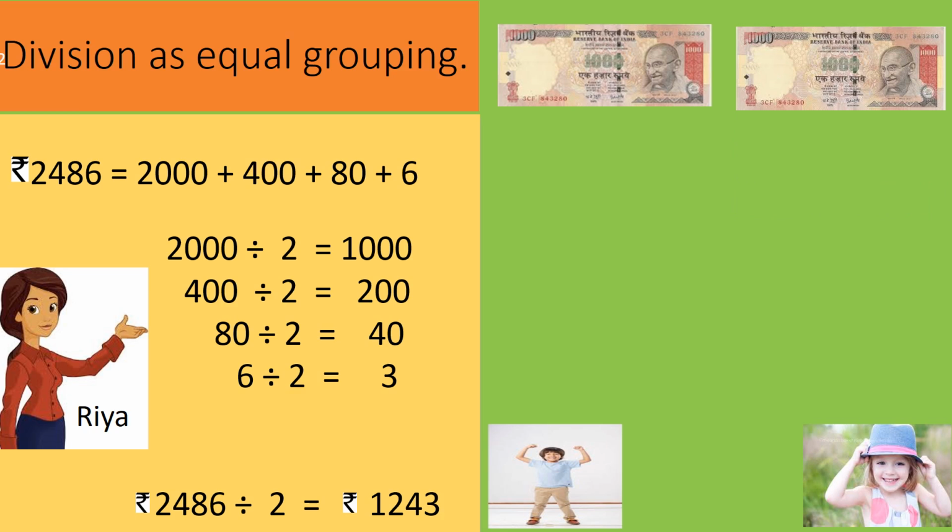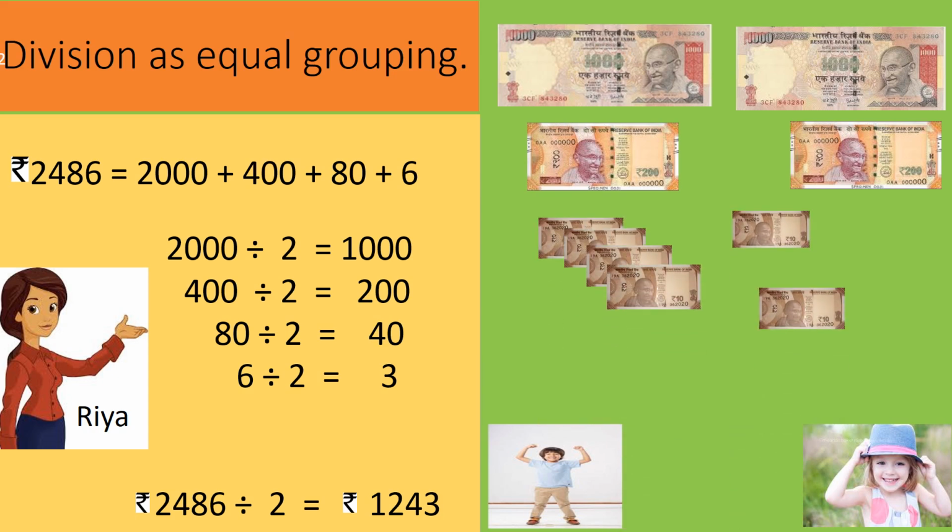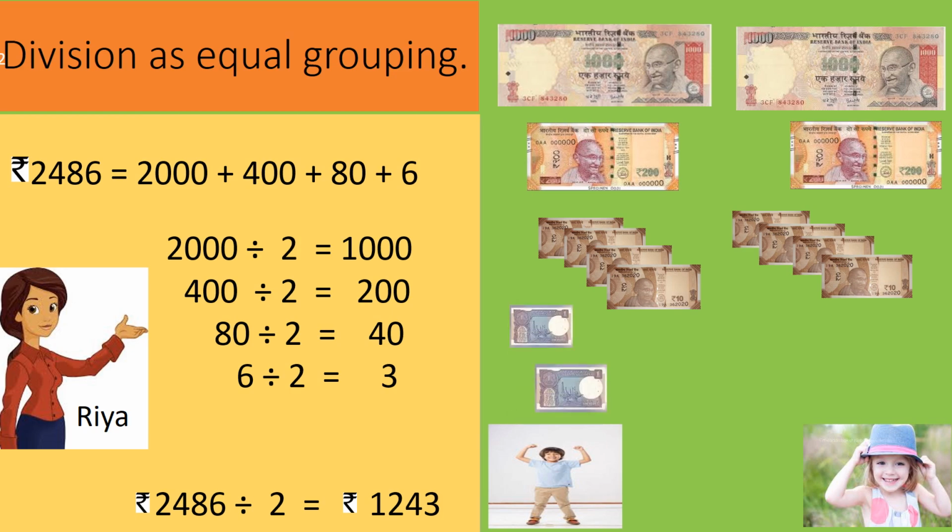Next she takes rupees 400 divided by 2, that is 200 each. Next comes rupees 80. 80 divided by 2 is rupees 40. So 40 into 2 groups. Now rupees 6 divided by 2 means rupees 3 each.